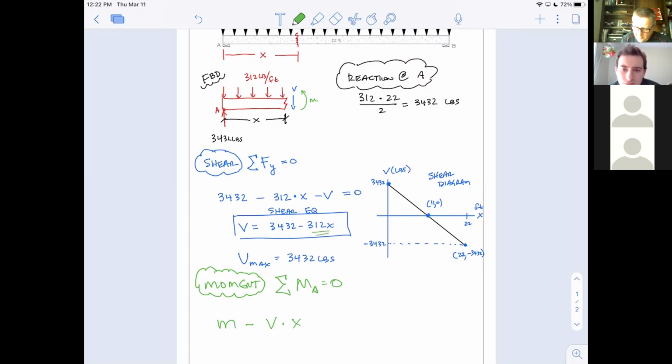I've also got 312X, which is all the red forces. So those are concentrated right here in the middle. That'd be 312X right there, at a distance of X over 2, just like it was before.